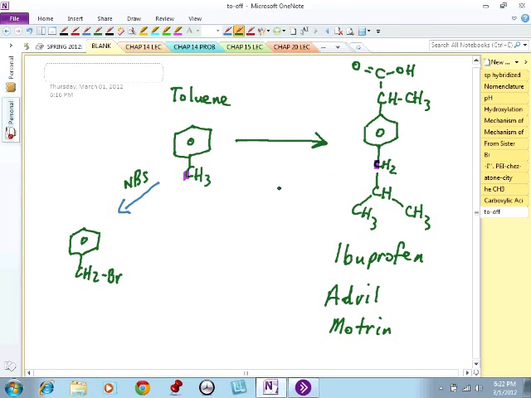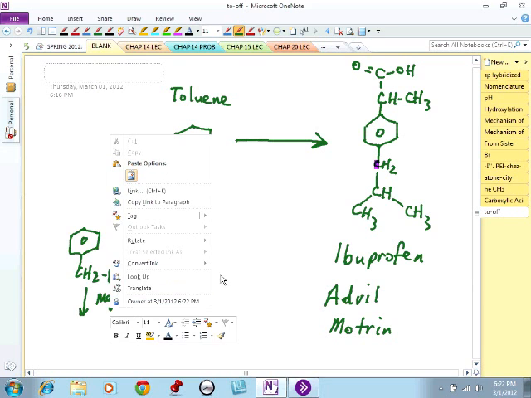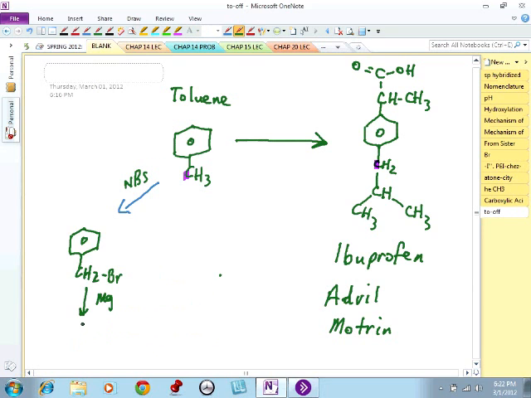Okay, make Grignard. Okay, we'll do Grignard. Is that right? Okay, good. Okay, so if we do Grignard here, we are going to form this. Okay, then what do you do with the Grignard?